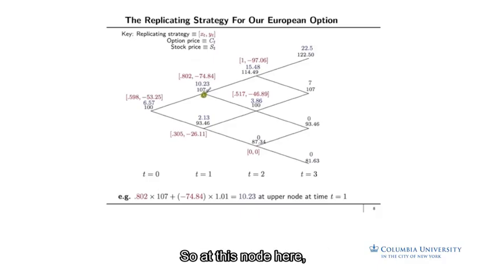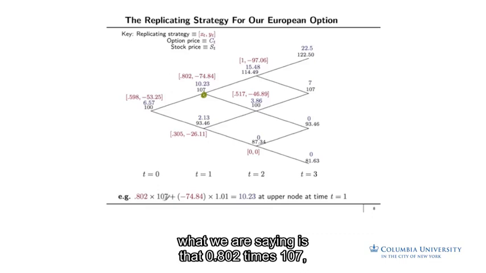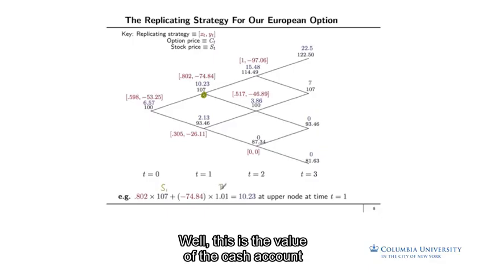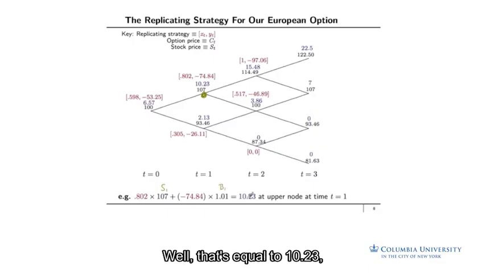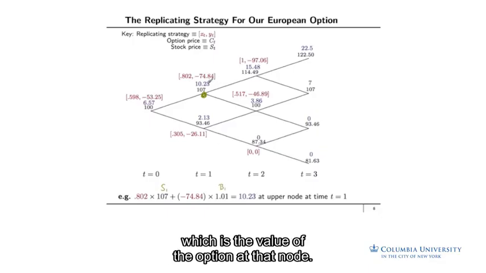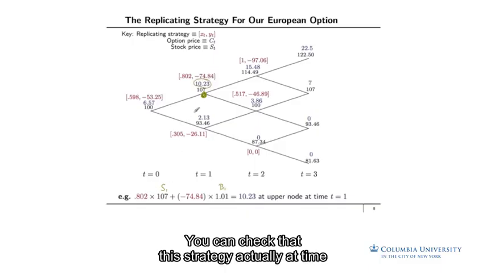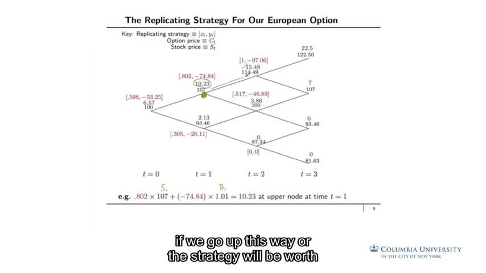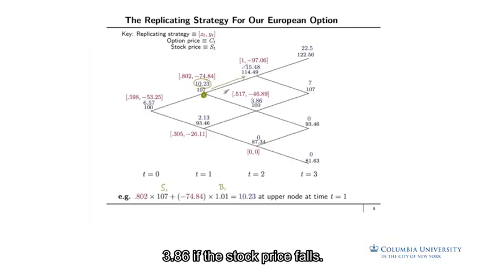At this node, 0.802 times 107, where 107 is the value of the stock at that time, minus 74.84 times 1.01, which is the value of the cash account at time 1 and at this node, is equal to 10.23, which is the value of the option at that node. And you can check that this strategy at time 2 will replicate 15.48 if the stock price goes up, or the strategy will be worth 3.86 if the stock price falls.